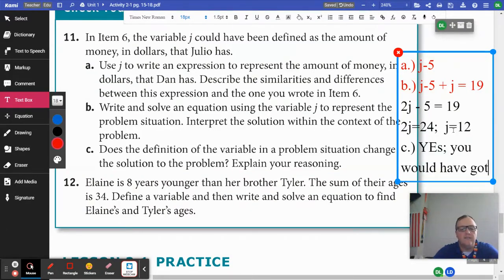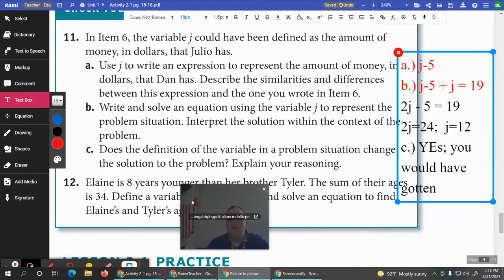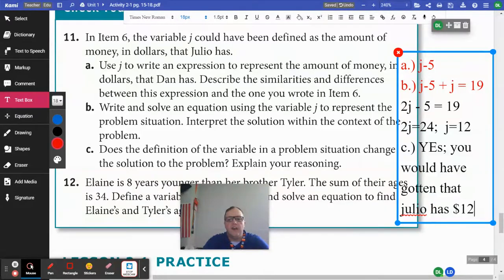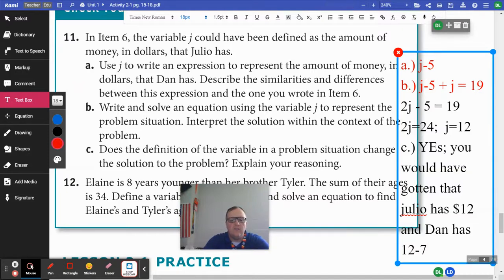You would have gotten that Julio has $12 and Dan has 12 minus 7, which equals $5. That is what you would have gotten.